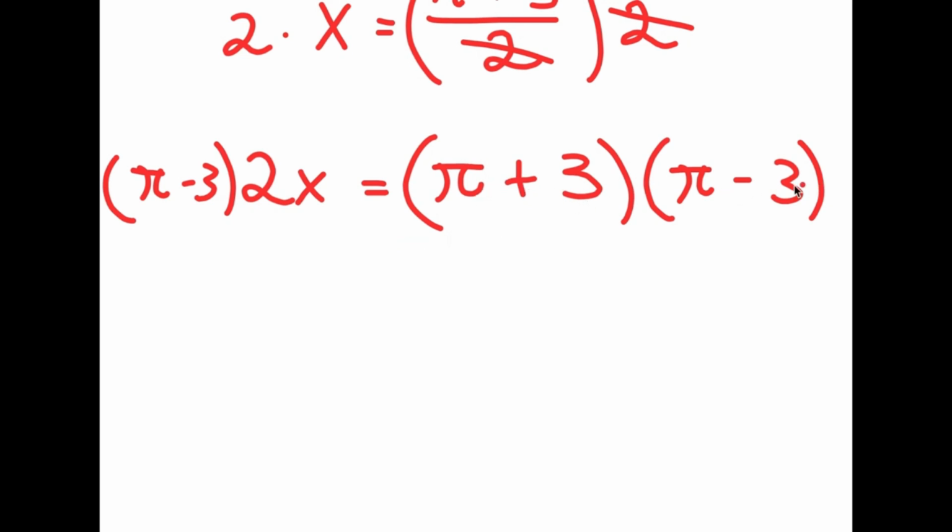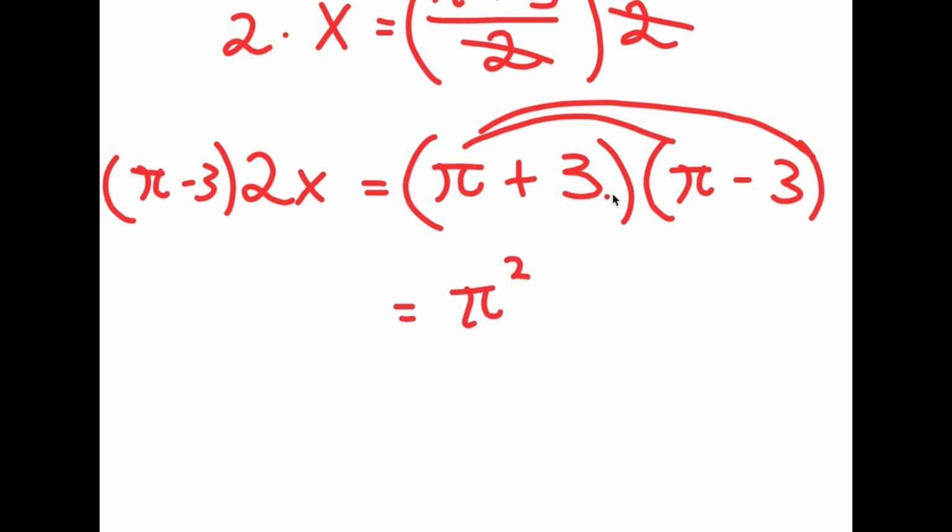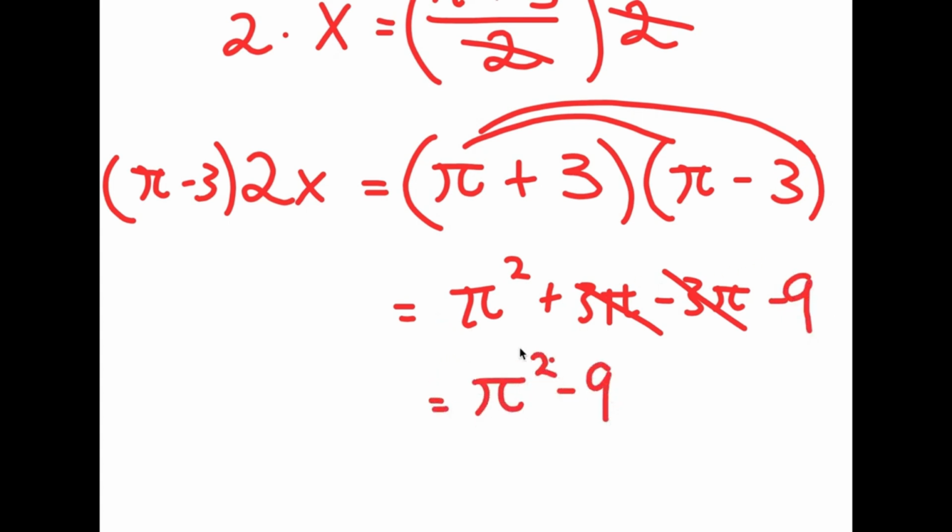Now, for pi plus 3 times pi minus 3, I distribute the pi, so I get pi squared plus 3 pi minus 3 pi, which cancel out, and then I have minus 9 at the end. So this is pi squared minus 9. And for my left-hand side, I can distribute the 2x, so I get 2x pi minus 6x.